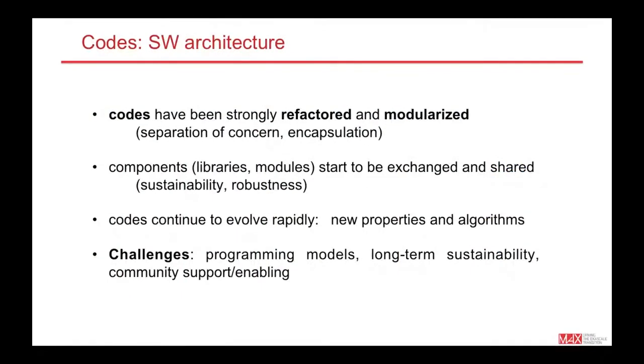So now let's come quickly to codes, what has been done about the software architecture. So first of all, codes have been strongly refactored and modularized. This is the practical action to implement some separation of concerns and encapsulation of functionalities. The idea is that we would like to maintain not spaghetti-like code, but an object that is very modular.